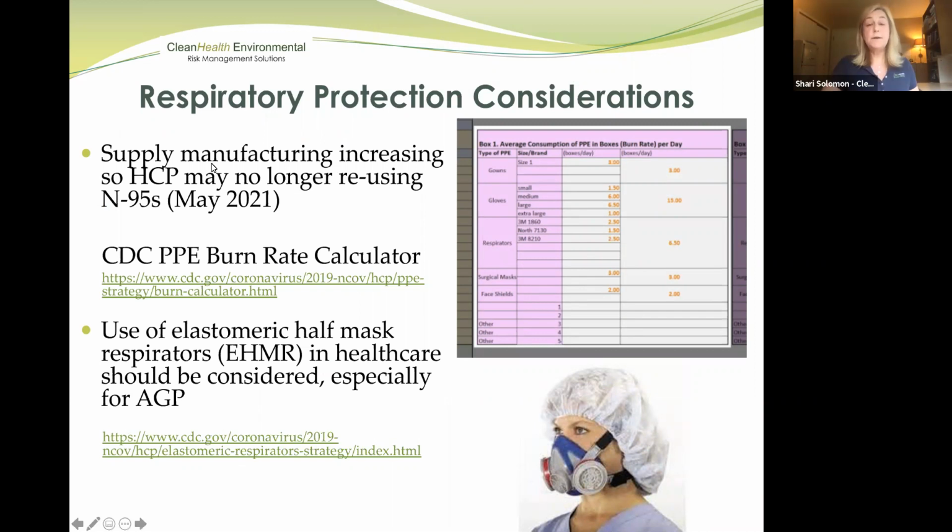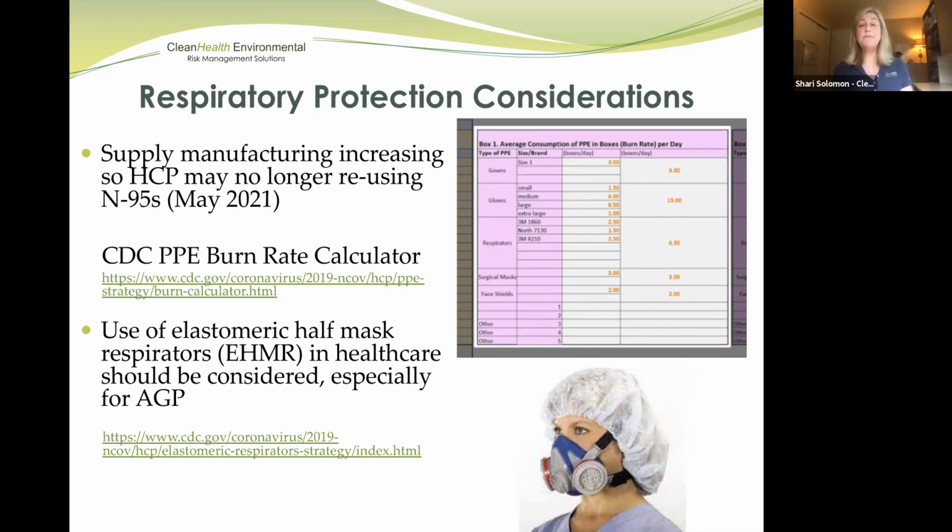One thing I do want to call out here is we know that during the pandemic, there were a number of folks that were struggling finding N95s, and so OSHA and CDC had allowed for a reuse to optimize use of your respirators. They did in May 2021 publish on their website, CDC, that they were rolling back that allowance.